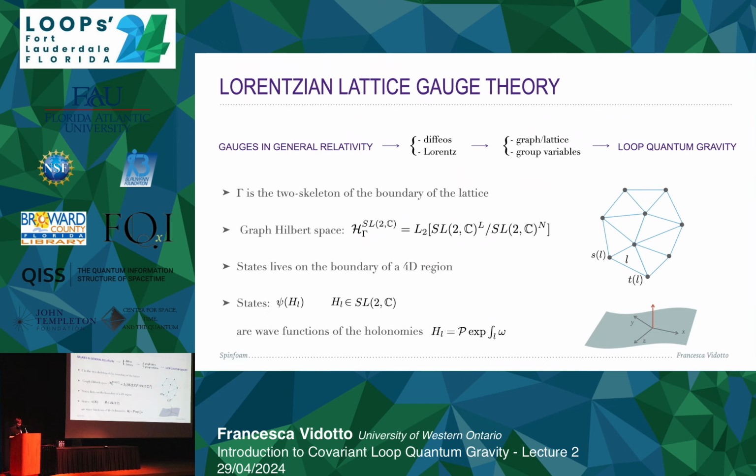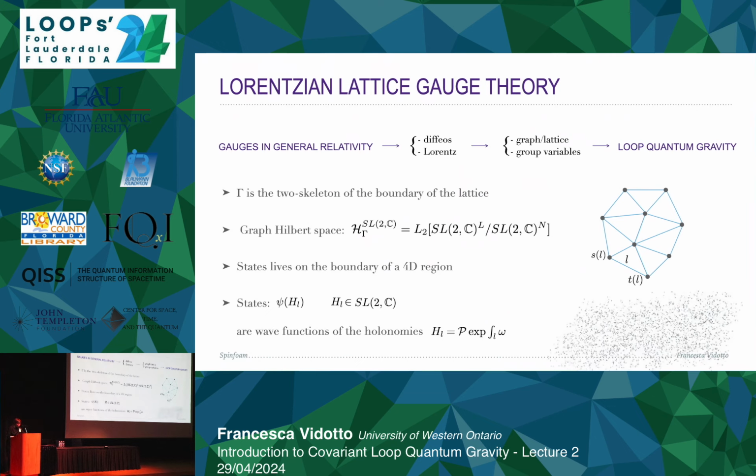I define these graph states as being in a Hilbert space, but this time the Hilbert space is exactly the same as before, but with SL2C group variables, with SL2C group elements. So this is what I'm saying here. My states psi are functions of SL2C group elements that I call capital H, one for each link.